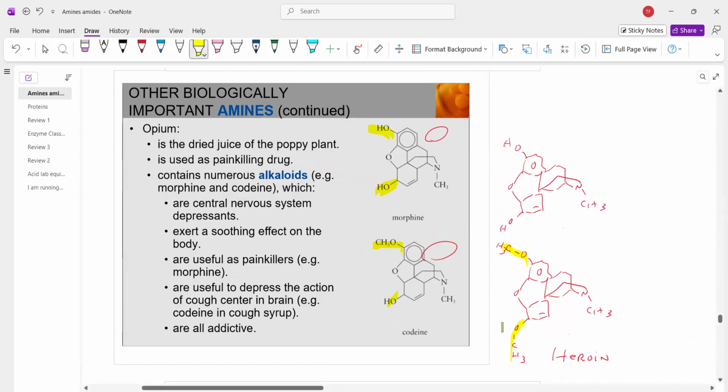This is how you get black tar heroin: you start with morphine, very easy to get, and you react the two hydroxyl groups in yellow and make them ethers. And now you have heroin. That's why black tar heroin is so cheap. It's very easy to make.